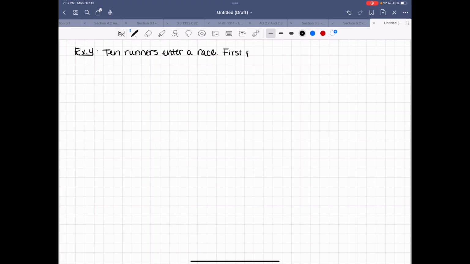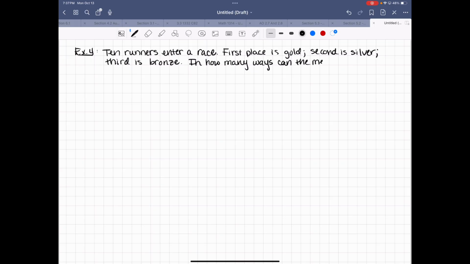First place is gold. Second is silver. And third is bronze, right? In how many different ways can the medals be awarded?